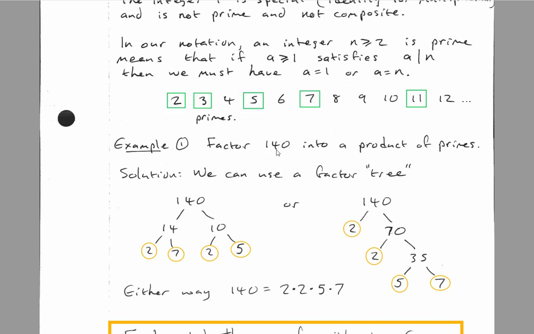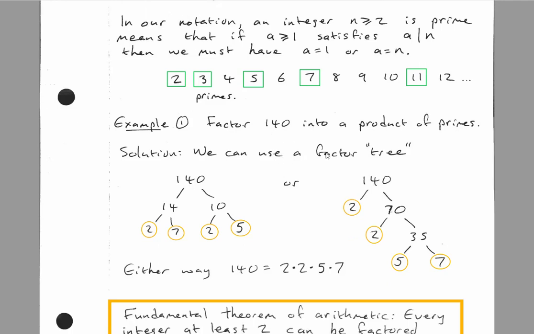So from 140, let's see how we can break it up into factors as small as possible. You could do it this way. Starting with 140, it's 14 times 10. Any number ending in 0 is going to have 10 as a factor.